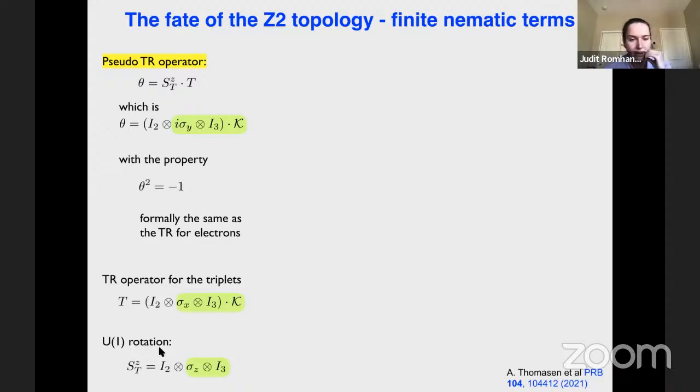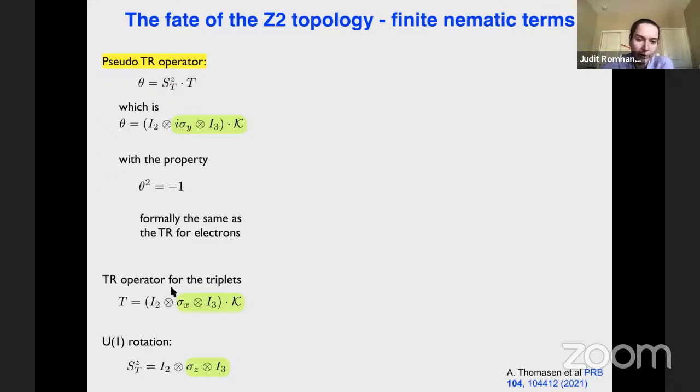The physical time reversal operator for the triplets has this 2x2 identity matrix. Please disregard it; it's not so important. It's just describing this particle-hole space. What really matters in the formalism is that we have this spin part, this 2x2 part, which is the up and down triplet, and then the orbital part, which is just a 3x3 identity matrix in these cases.